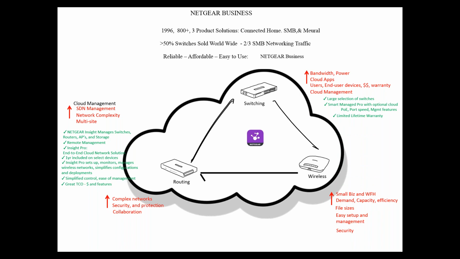Another thing to note is ours has a limited lifetime warranty on these. What that means is it's going to be 5 years after the end of life date. Like I said, we typically like to end of life things 5 or 6 years from when they get announced, unless there's something crazy, maybe a chip shortage, where the chip manufacturer said, hey, we're done making that, and it forced us to switch. But generally speaking, about every 5 years we want to re-release a switch.